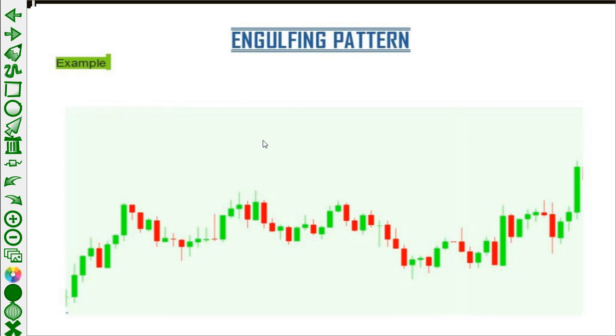Now let's take an example of how to draw resistance and support area. Guys, for me, I think of resistance area and support area as the seller's area and buyer's area.